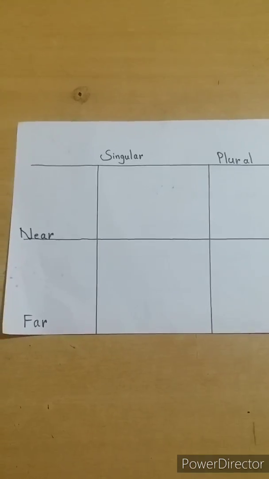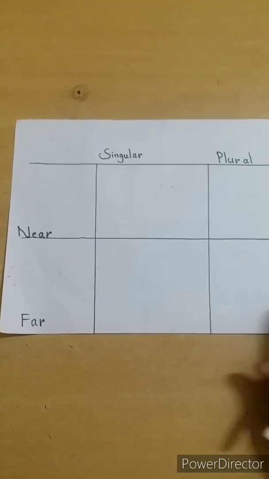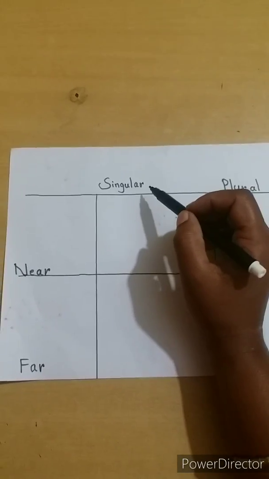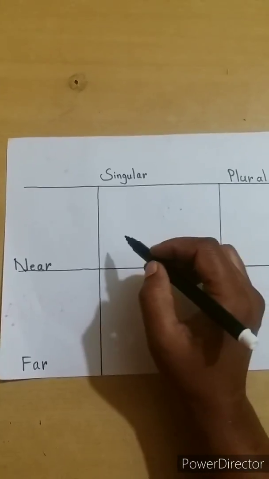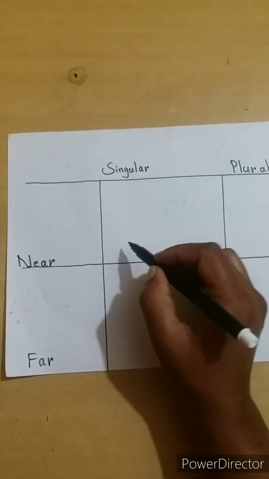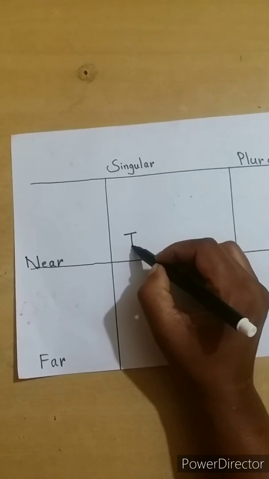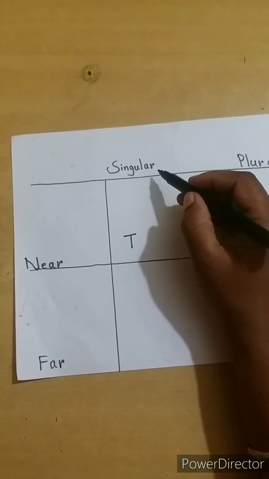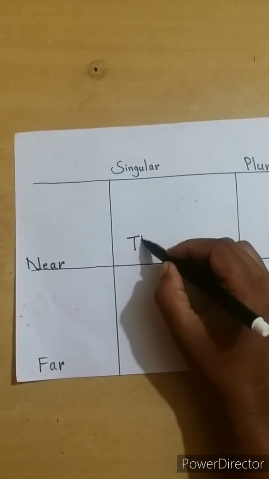Dear children, always remember, if the person is near and the number is singular, then we will write this. If the person or things are near to us and the number is single, it is singular form, then we have to write this.